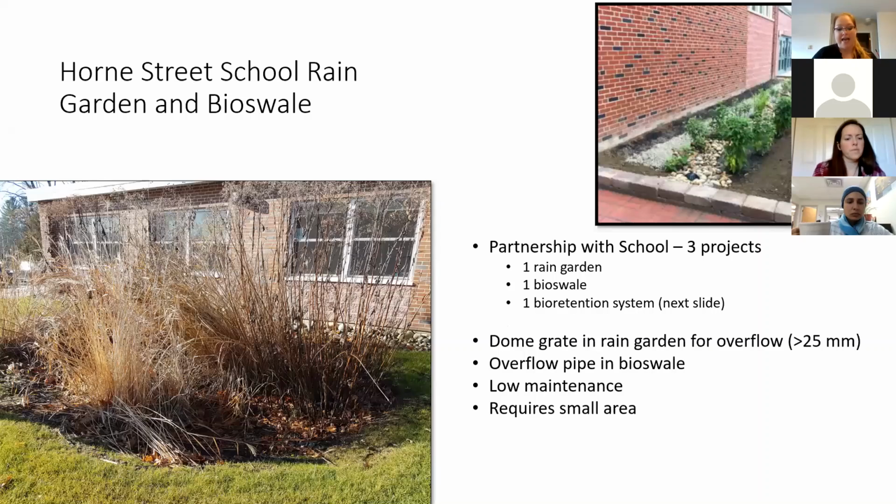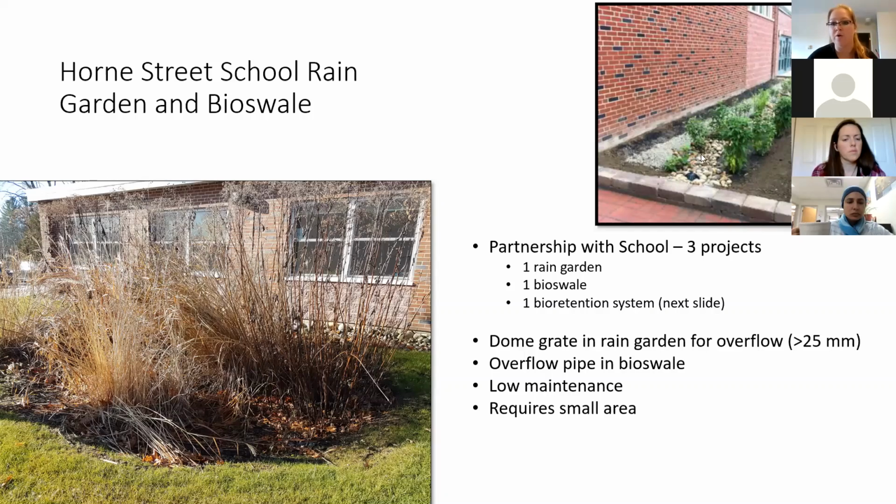There is a school on Horn Street that the university created a partnership with to install 1 rain garden, 1 bioswale, and 1 bioretention system that we will see in the next slide. You can't see it in this photo, but in the center of the rain garden, there is an overflow pipe, one of those dome grates that they use everywhere.